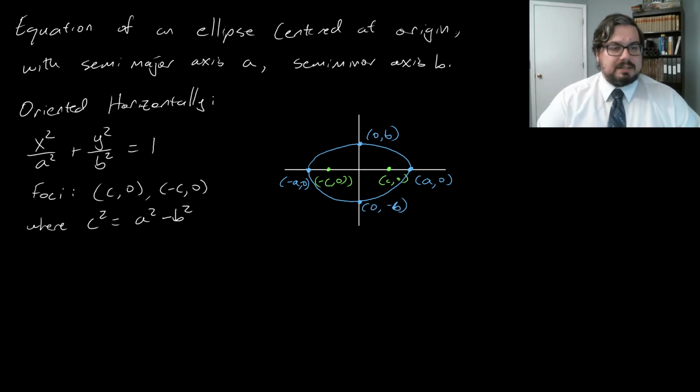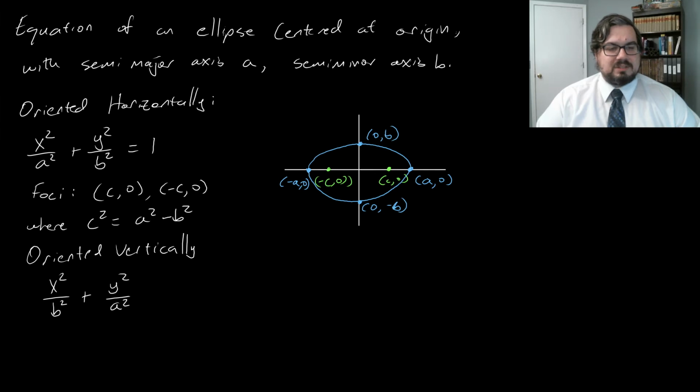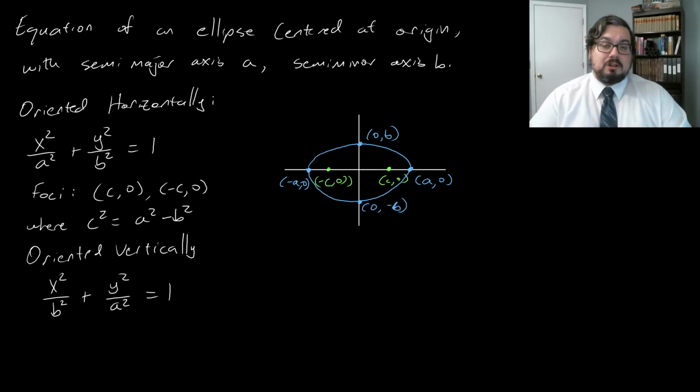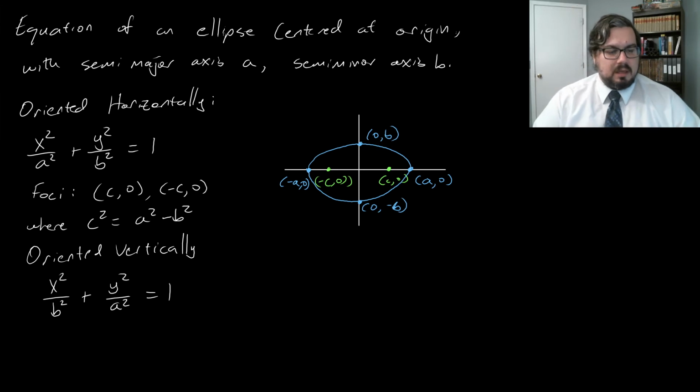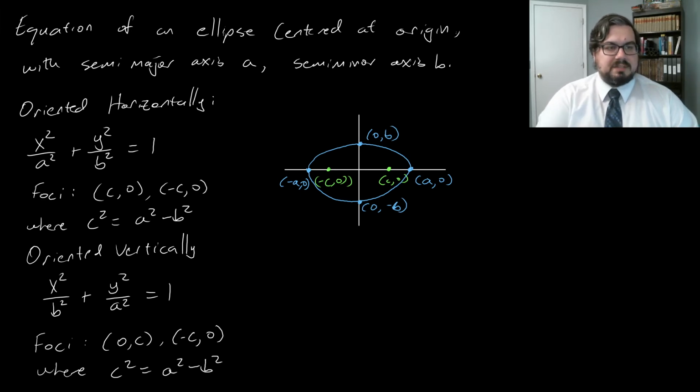And then if we're oriented vertically, we have a similar setup. The equation now is x squared over b squared plus y squared over a squared, because now when we have a vertical ellipse, the denominator of the y term in the equation is the larger one. And in this case, the foci are going to be at the points 0, c and 0, negative c, again where c squared is equal to a squared minus b squared.